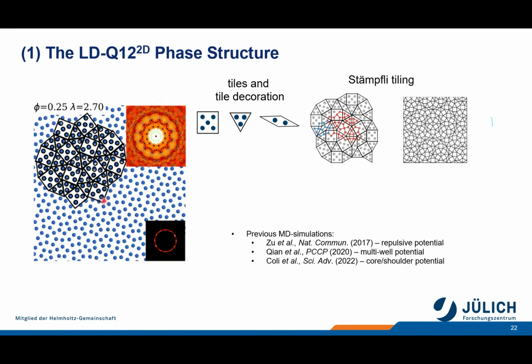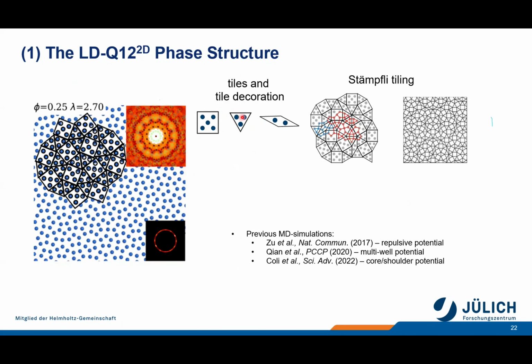So we have a bit of a look into these 7 different quasicrystalline structures. So this is in 2D, so just an area, a plane that is filled with a kind of tiling. And the tiling for the low density Q12 phase is funny because you have a decoration of the tile, but no particle or colloid on the vertices.